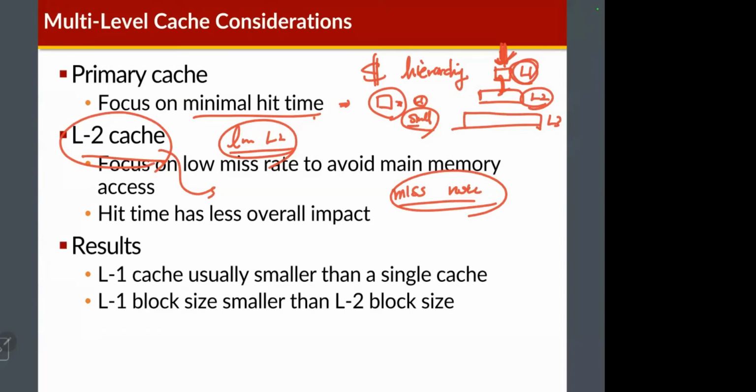And as we learned, the average memory access time, AMAT, is the hit time plus the miss rate multiplied by the miss penalty.